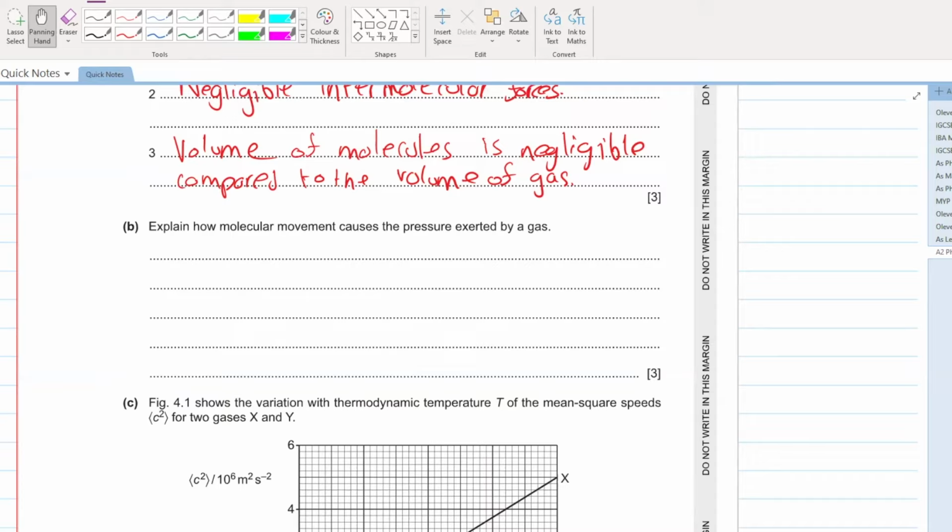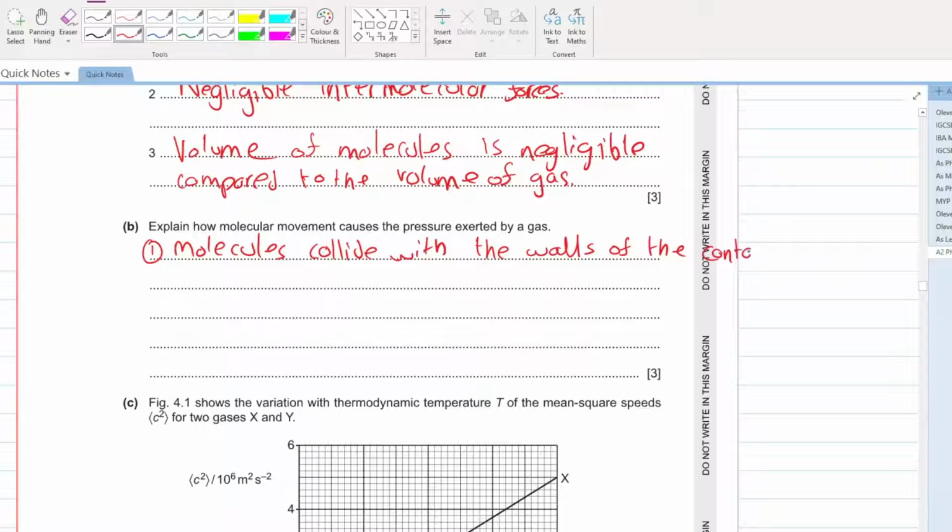So you will say: molecules collide with the walls of the container. This causes a force on the walls.